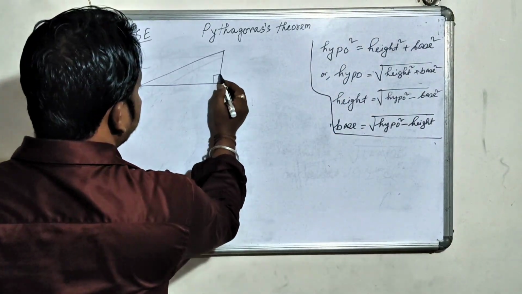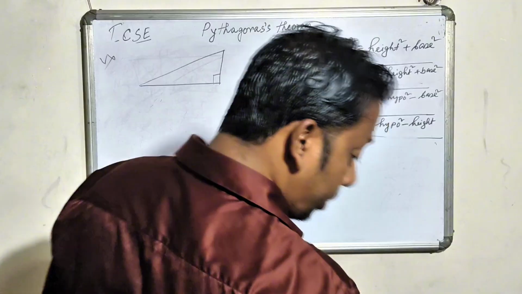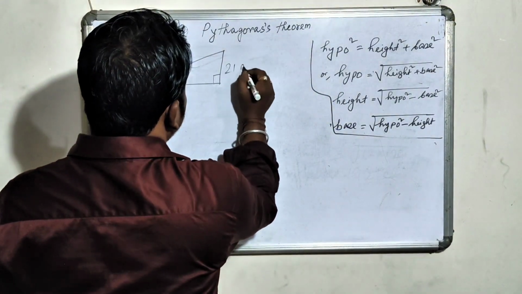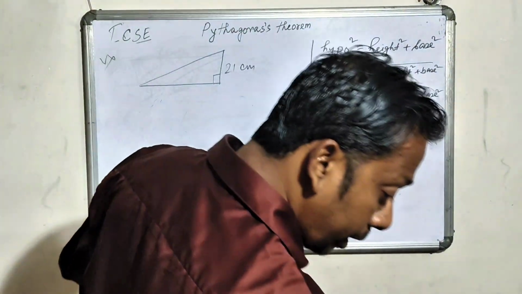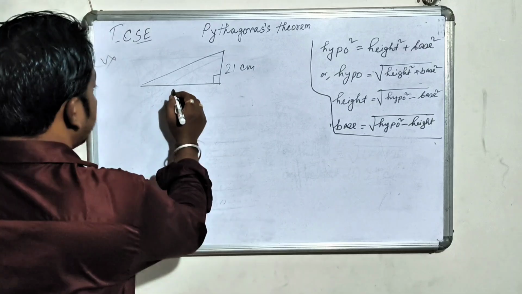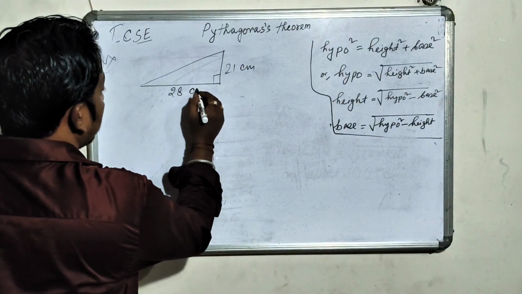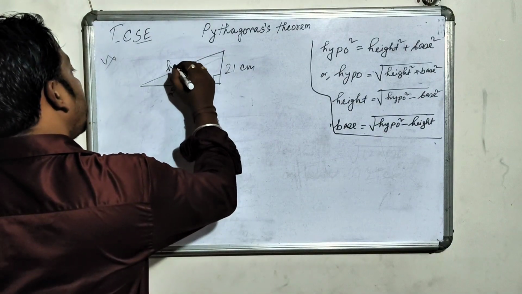That means this is 90 degree, height 21 centimeter, base 28 centimeter, and we have to find out the hypotenuse.